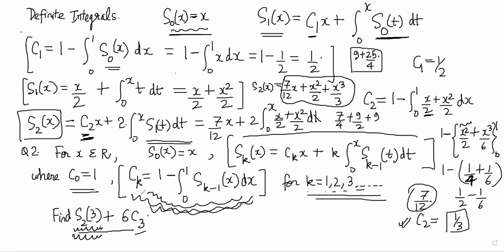Yeah, just putting it here to find C3, right? Put 3 here, right? Yeah. You will be able to find C3, and once you get C3, you'll get the answer. Answer will be 9 plus 25 by 4 plus 6 times C3, right? Yeah. Is anybody getting any answer so far?